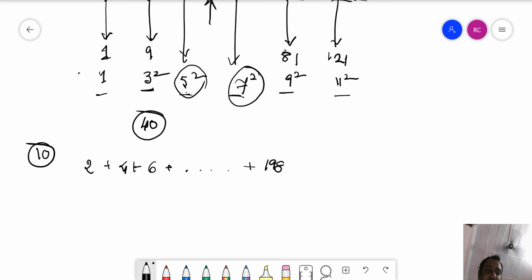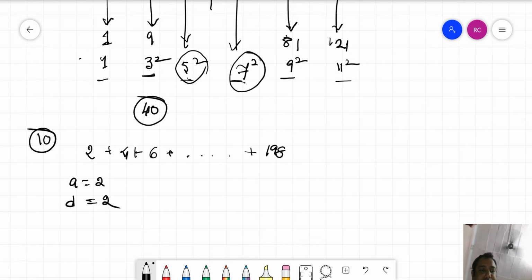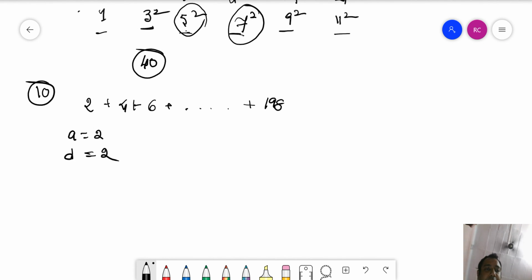Now this is an AP series whose initial term is 2, and the common difference is 2. We first have to find the total number of terms in order to find which term is the middle term. Unless we know the total number of terms, we cannot find it.